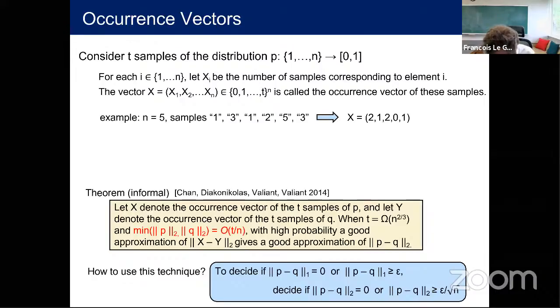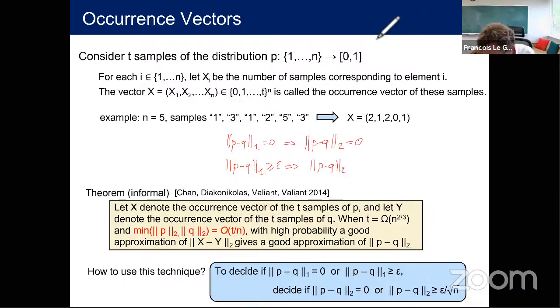If you have of course P minus Q in L1 equals 0, then this means that P minus Q in L2 equals 0, of course, because P is equal to Q. And if you have P minus Q in L1 larger than epsilon, then you have P minus Q in L2 larger than epsilon over square root n, due to the Cauchy-Schwarz inequality.